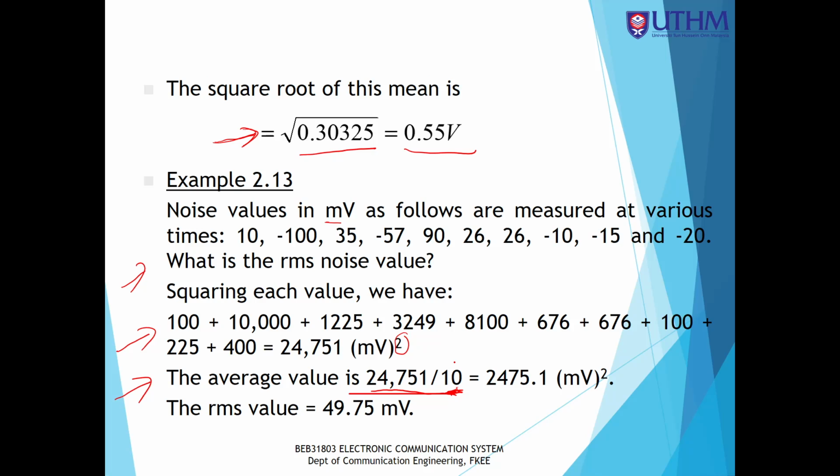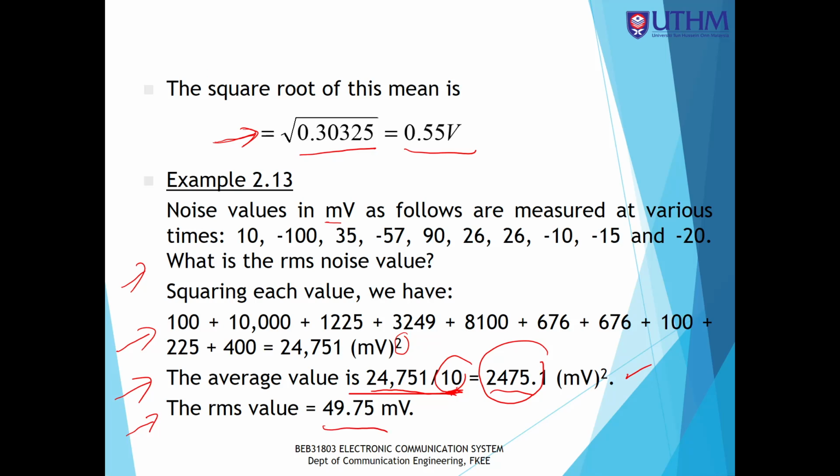Okay, so average adalah quadratic summation divide with how many total data you get. Here we have 10 data, so bahagikan 10 untuk dapat average. So the average is 2475.1 millivolt square. Okay, and the RMS value, the third process is to do the square root of 2475.1.